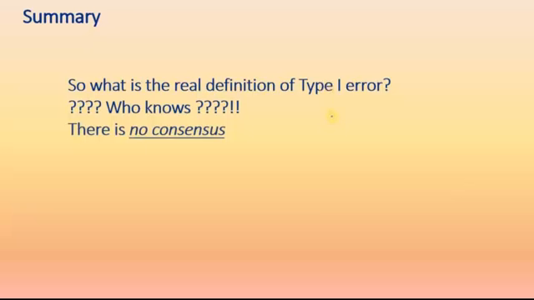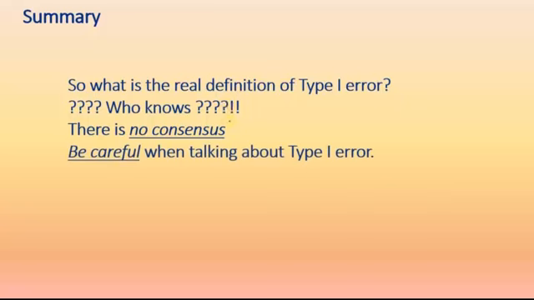Who's going to say which is the right definition? So, be careful when talking about type 1 error. You better be clear about which type 1 error you mean. If you're not clear about that, you quite easily can make the kind of mistake that we made earlier. We found alpha is 6% when in fact alpha is 8.6%.